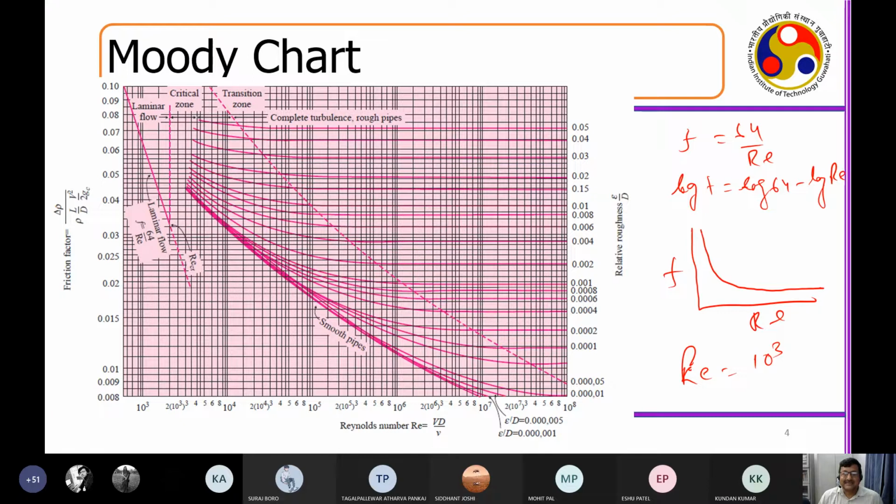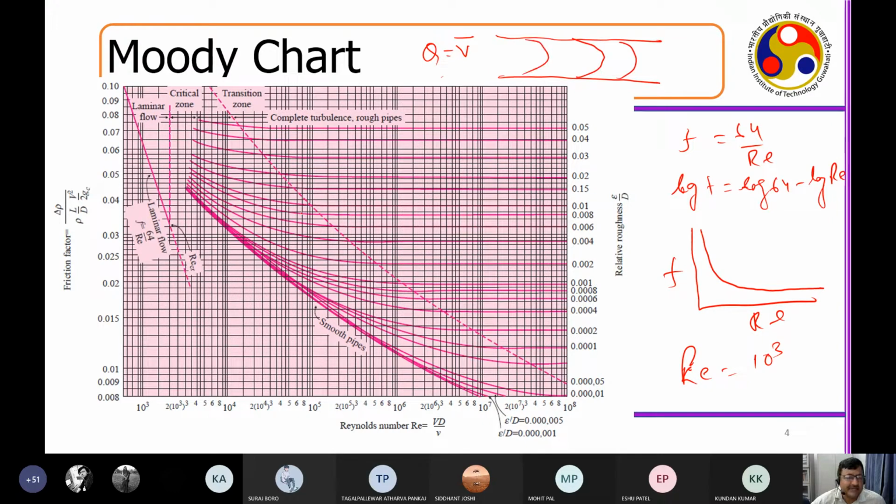Point number 3 is that there was a German scientist, his name was Nikuradse. What he did, he took a pipe and set up a flow rate Q, which led to an average velocity V bar, and he kept changing that velocity across the flow profile through the pipe.